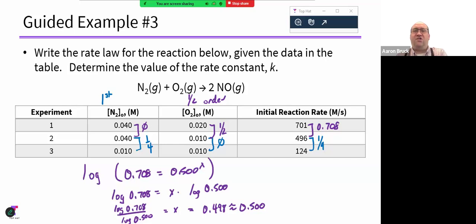So we come up with oxygen being half order. So our rate is equal to the rate constant k times nitrogen to the first power and oxygen to the half power.